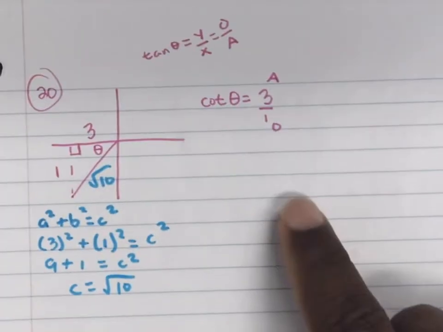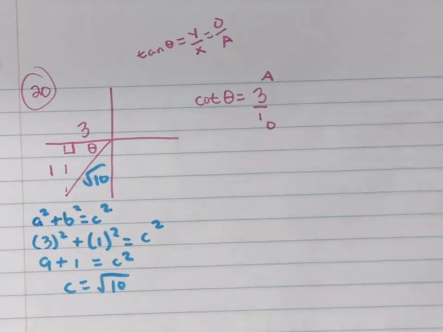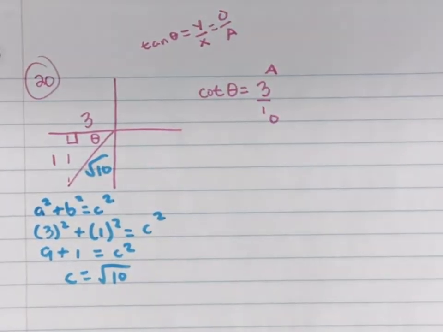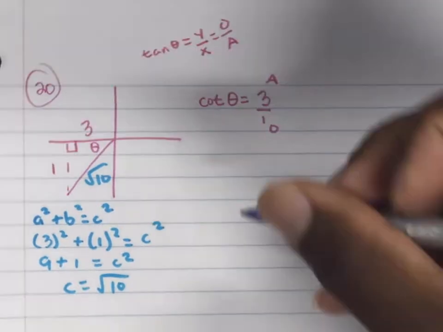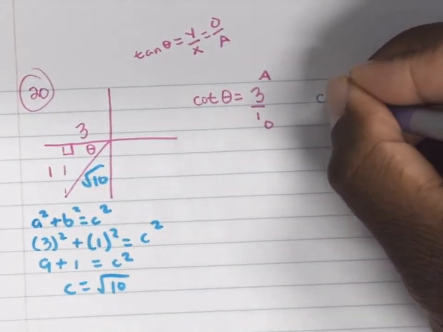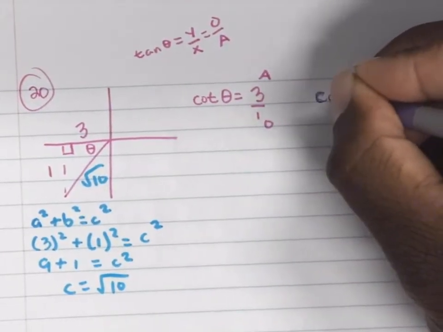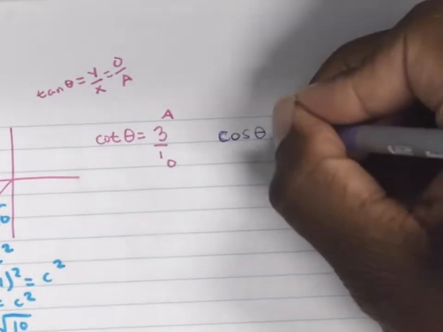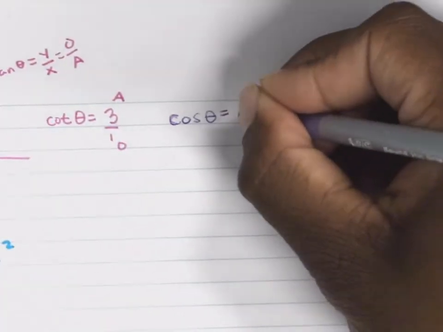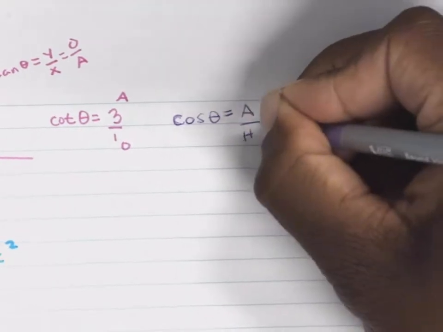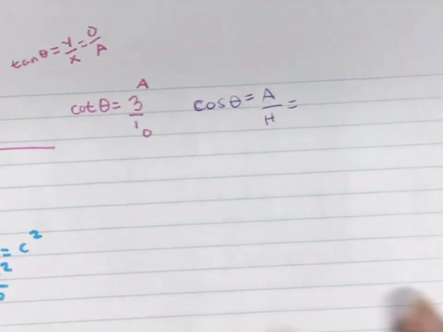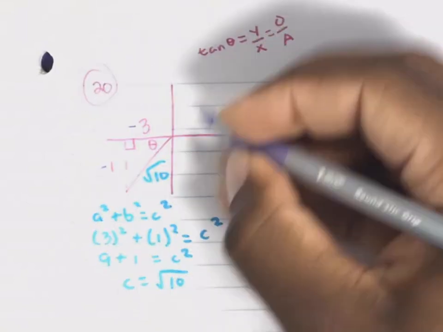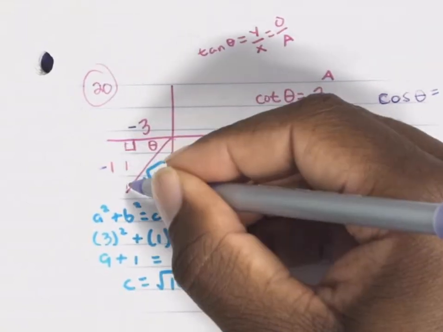So let's write what cosine is. I think I was using a pen. So I got cotangent, but I really don't use that as I find these. Let's do cosine of theta. Cosine is A over H. And this should be -3, and this should be -1, because we go left 3, and then we go down 1.